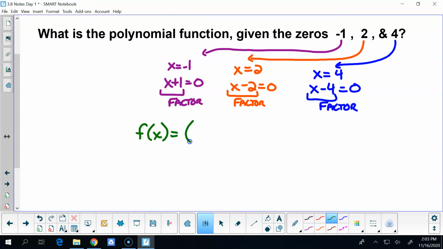So we would have had x plus 1 times x minus 2 times x minus 4.